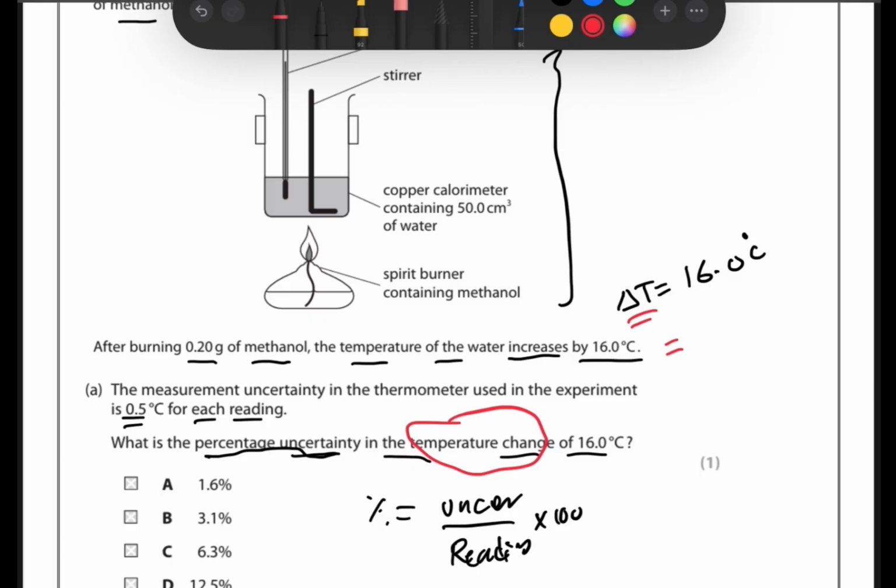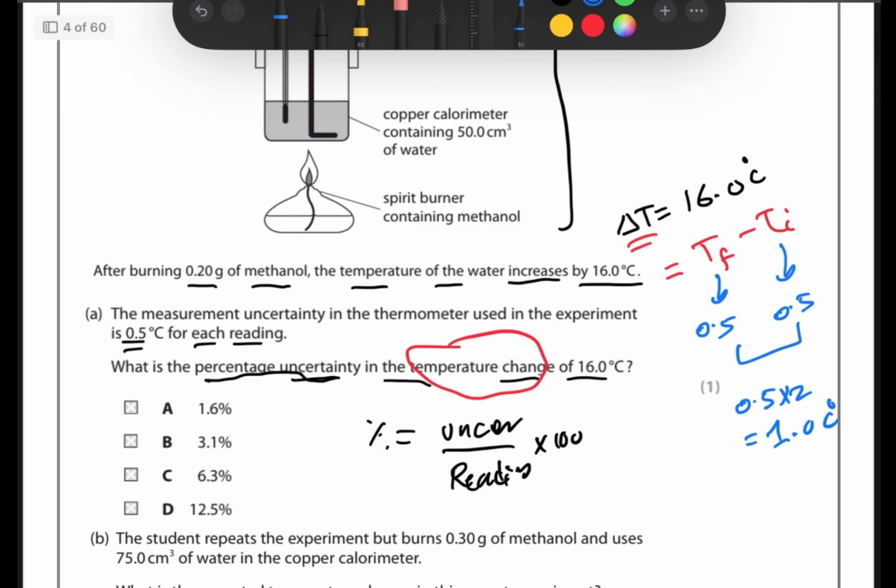Delta T is calculated by taking the T final minus T initial. In other words, we have an uncertainty of 0.5 in T final and another uncertainty of 0.5 in the T initial. The total is equal to 0.5 times 2 equals 1 degree Celsius.